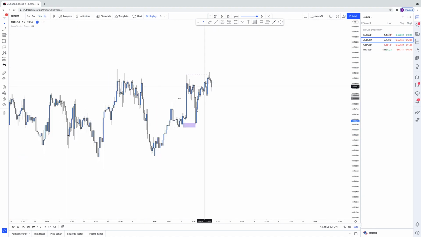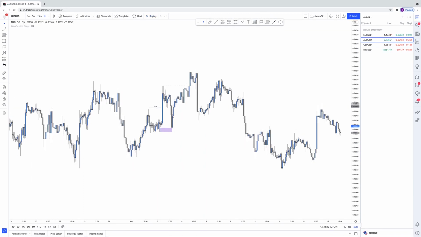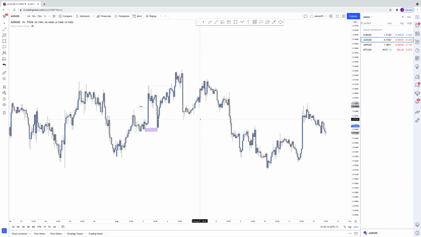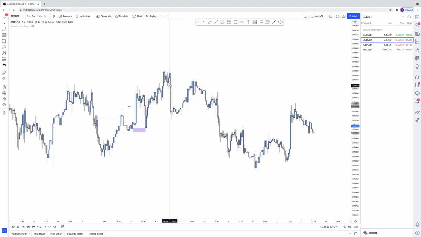And just coming out of the bar replay tool, we can see that was a good few weeks ago. Price did push up, and as I mentioned, we then saw large momentum down, which is liquidating all of these lows here and this candle.